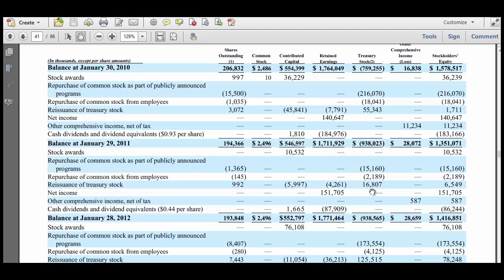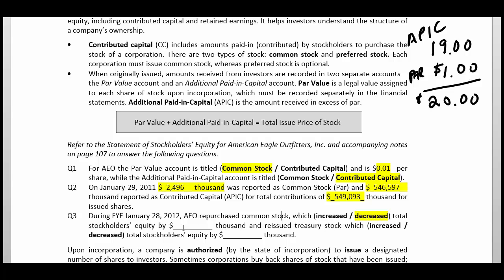Okay, but here it's 16. Oh, here we go. It's these two figures. Repurchase of common stock. Repurchase of common stock. It's these two figures. So 17,349 is the sum of these two. In your book, it's written as one number. We combined it to keep it simple. So that would be 17,349 as a repurchase of treasury stock.